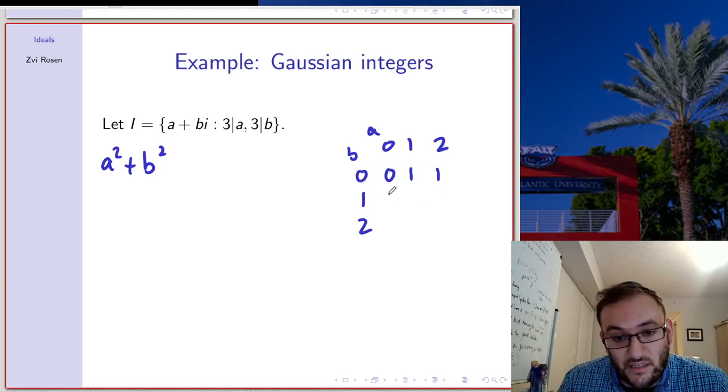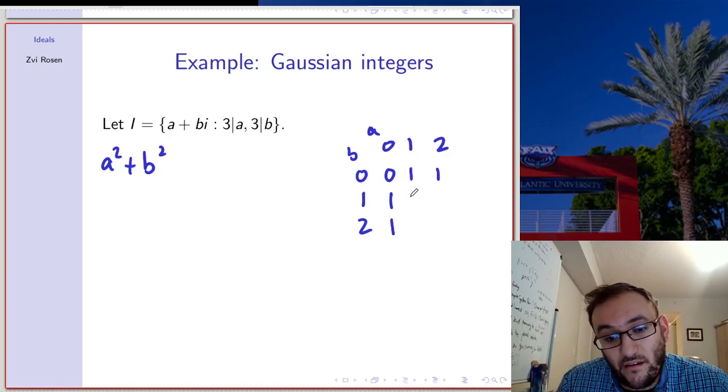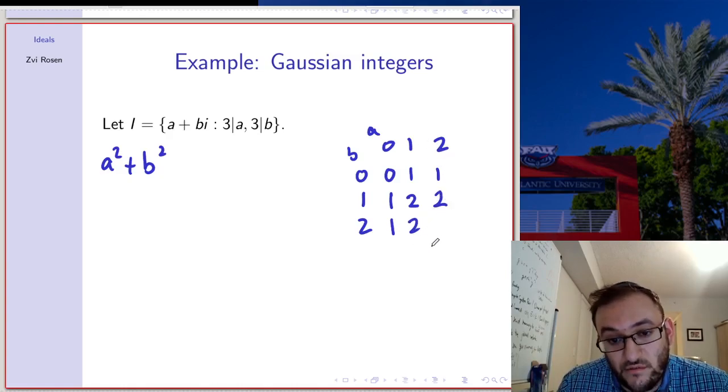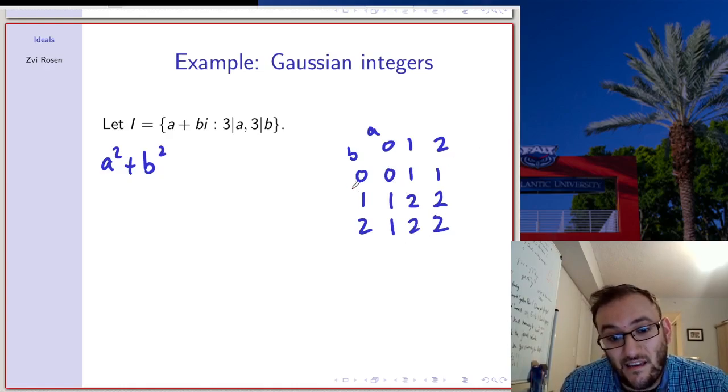And b obviously is 0, and you have this symmetry along this line. When a and b are both 1, you get 2. And by the same token, since 2 squared is 1, these are also 2, and these are also 2. So this is the only case where you get a multiple of 3 here.